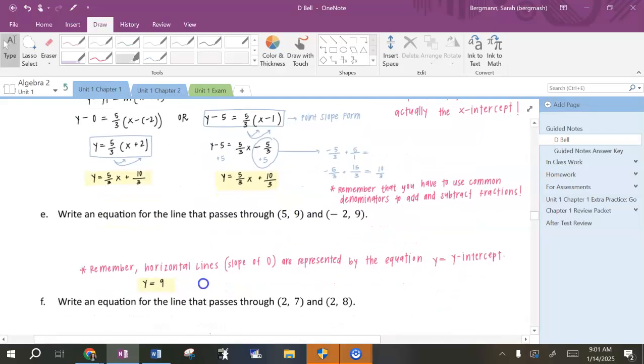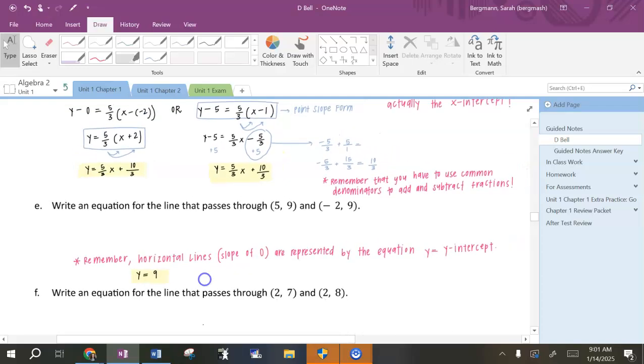Okay, now let's do E and F together. These are our last two, just some special cases that you might run into, because you'll notice on this one, when we look at x1, y1, x2, y2, they have the same y value. So if you were to actually calculate the slope, you would have 9 minus 9 over -2 minus 5, or in other words, you get 0 in the numerator. And we know 0 divided by anything is always equal to 0.